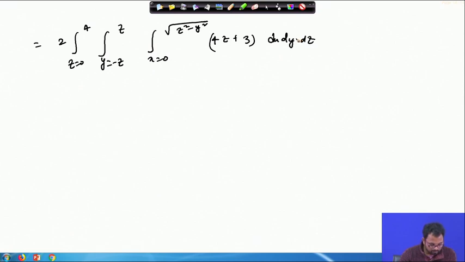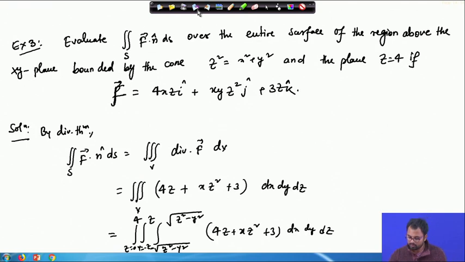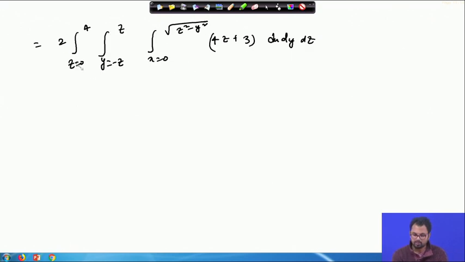This function xz square is an odd function in x, so that will be 0. And 4z plus 3 is an even function, so basically I have written a 2 here. That xz square vanishes because of being an odd function.